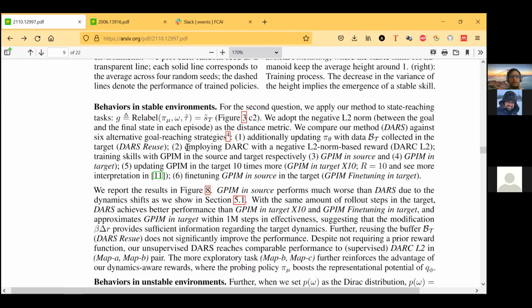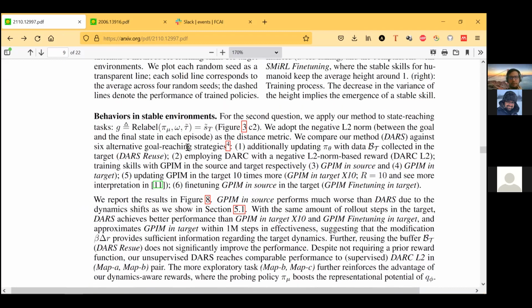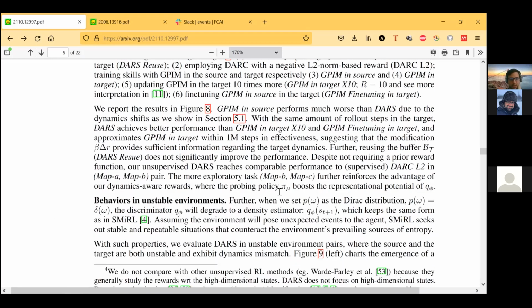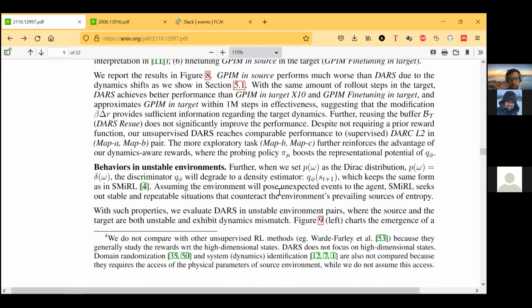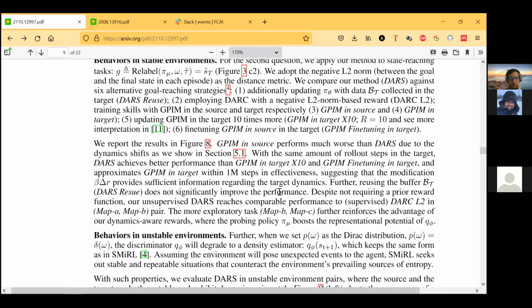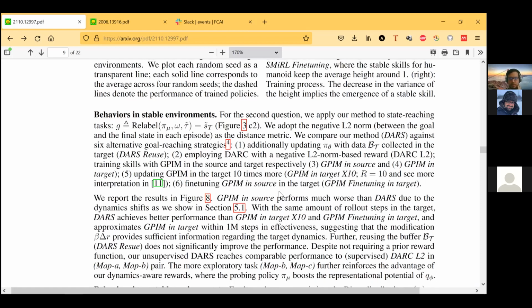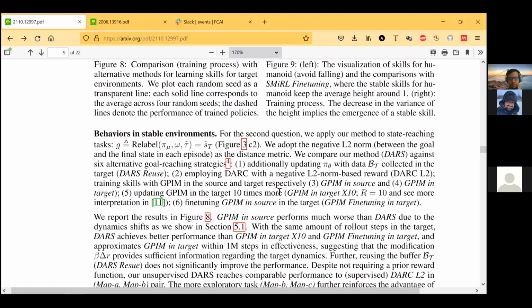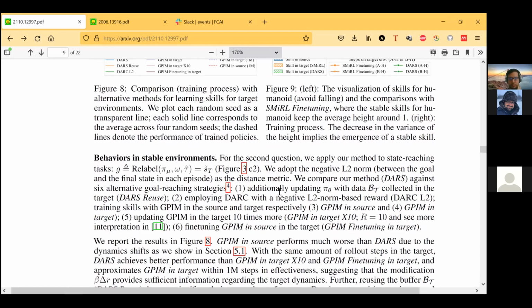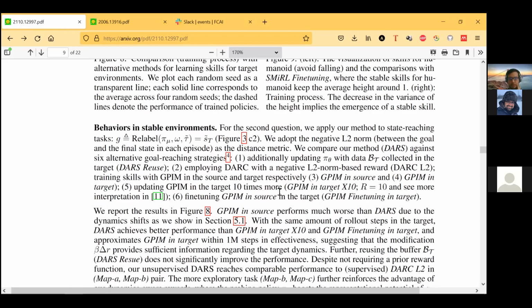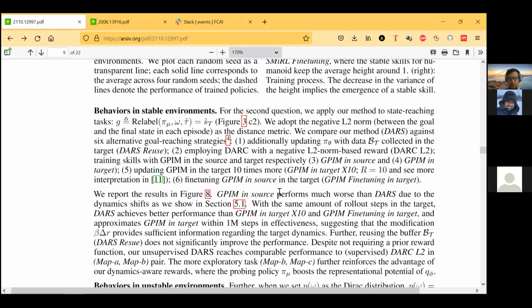So I think the main contribution of this paper is that you have these two policies, one that depends on abstract goals and one that depends on perceptual goals in the state space.